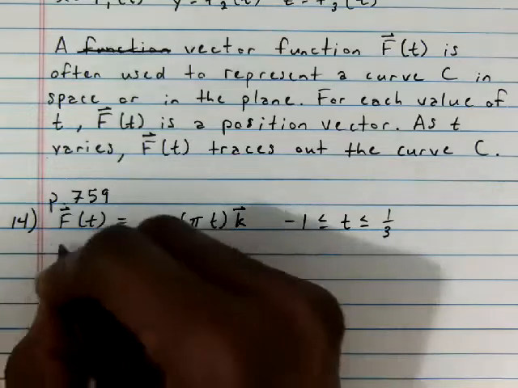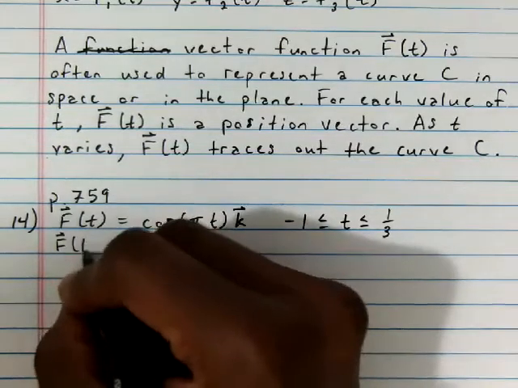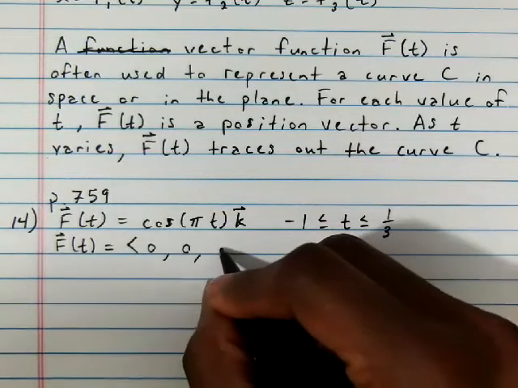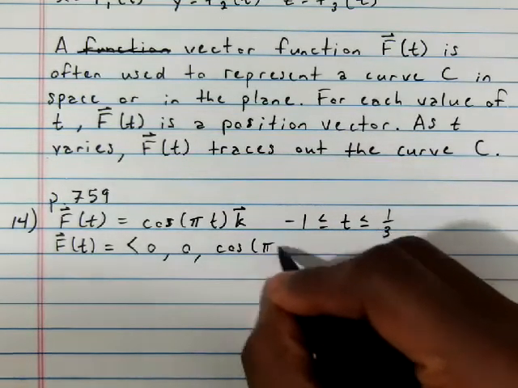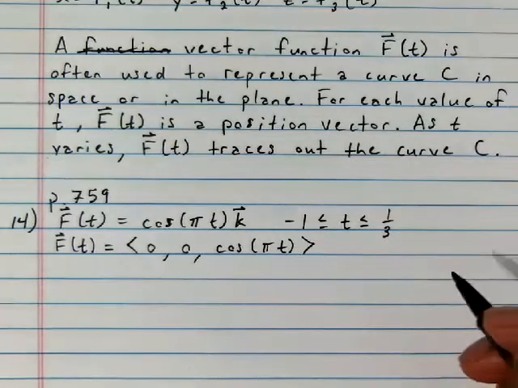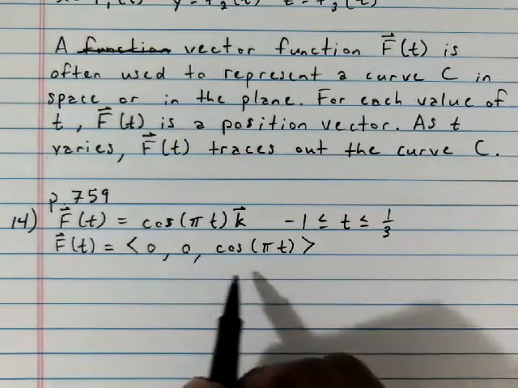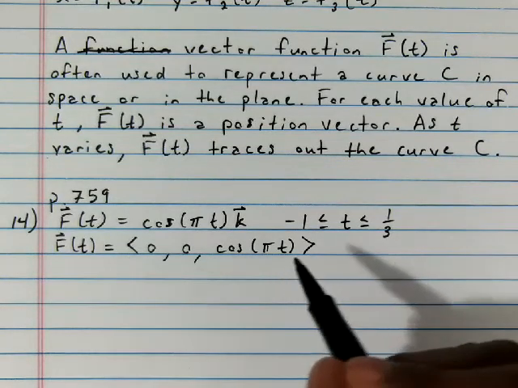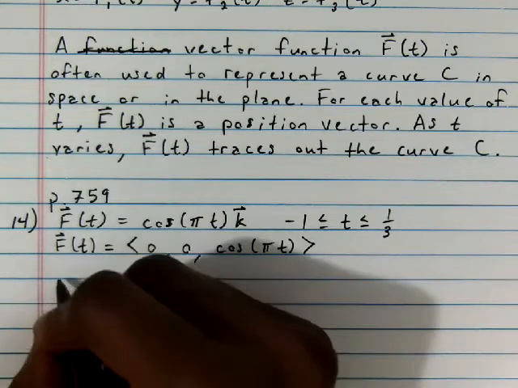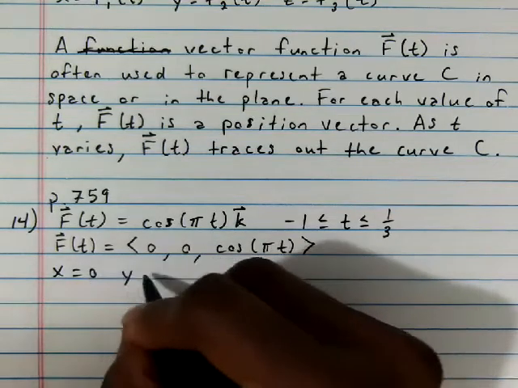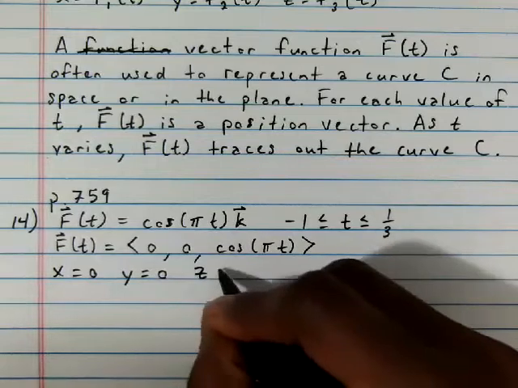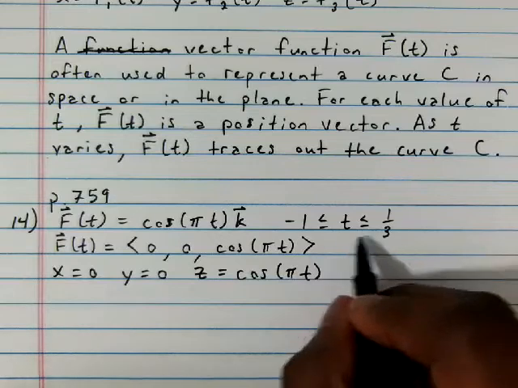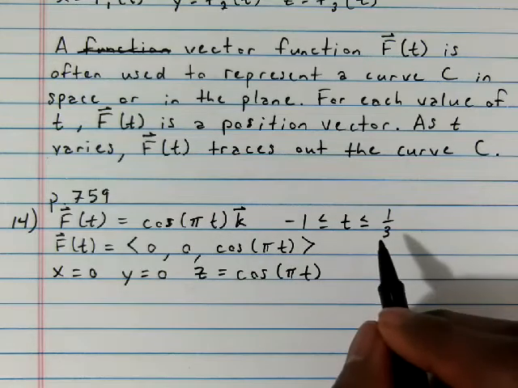I prefer to write it as <0, 0, cosine of pi t>. For these problems, that is a lot more useful because now I can see x, y, z, which is what we're accustomed to seeing as coordinates. So x equals 0, y equals 0, and z equals cosine of pi t, where of course we're still abiding by the restriction on t.